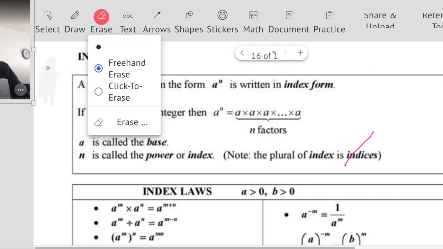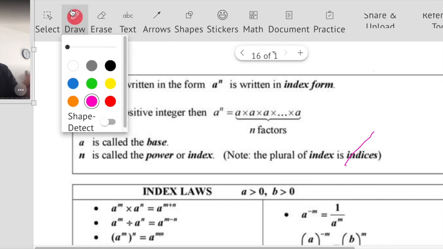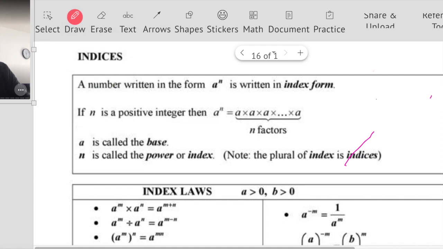Okay, so let's see. Let's get into it. All right, indices. Where is this? A number written in the form a to the n is written in index form. Okay, right here. Index form. If n is a positive integer, then a to the n equals a times a times a, n factors, n times, right?